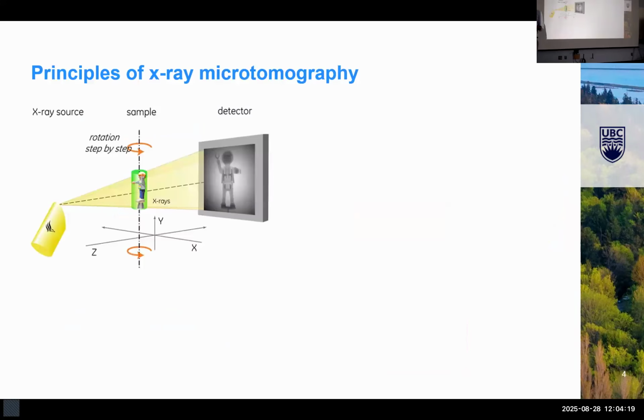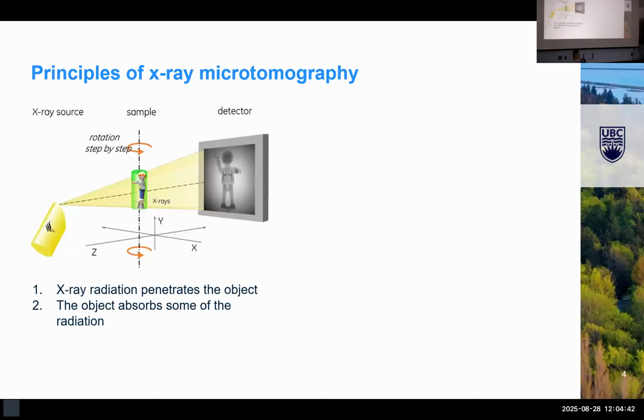But first, I'll start with that overview of the X-ray microscopy instrument that we have. So just in a schematic view, this is the general principles behind X-ray microscopy. You have your X-ray source, which fires X-rays on your sample, gets detected by a detector. In terms of a chronology, we have the X-ray radiation, which penetrates the object.